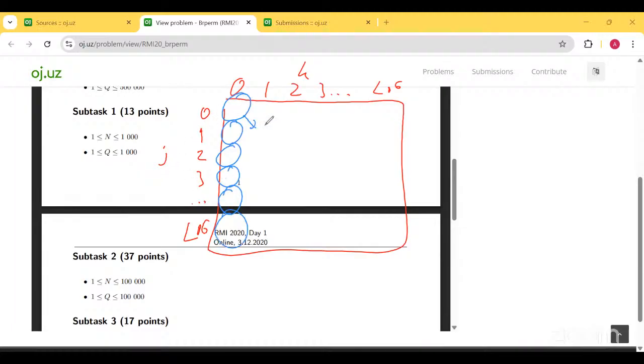But this value needs this value, and this value needs this value. Is it correct? Wait, sorry.